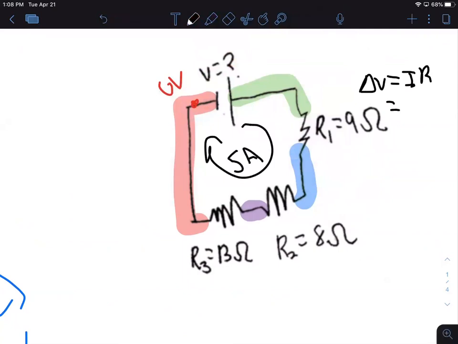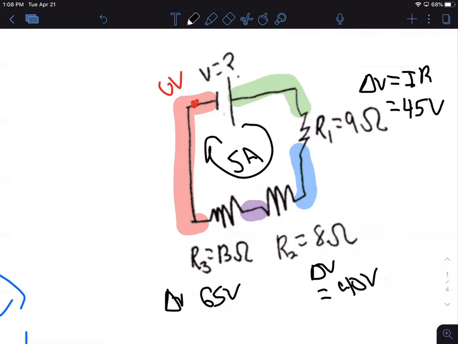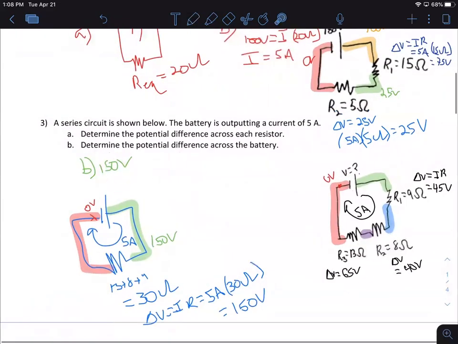So 5 times 9, 45 volts. 5 times 8 is 40 volts. 5 times 13, I think, is 65 volts. All right, and we can check that that works out. Overall, we have a change of 45 plus 40 plus 65, so that's 150, which is what we got for B.